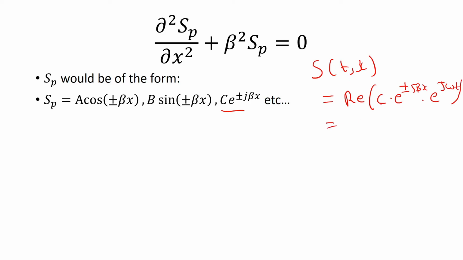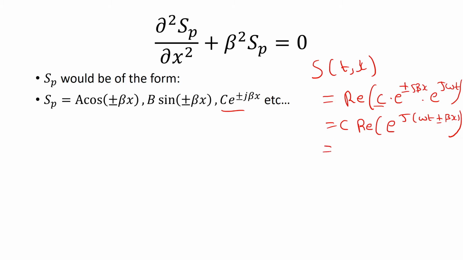Then that is equal to, if c is assumed to be a real number, c times real part of exponential of j omega t plus or minus beta x. Now exponential of j omega t plus or minus beta x can be written as cos omega t plus or minus beta x plus j sin omega t plus or minus beta x.